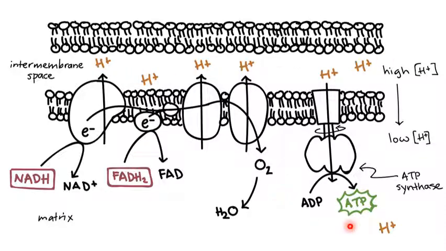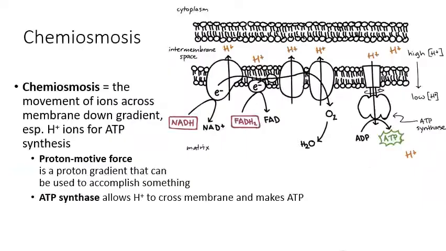Then in the second part of oxidative phosphorylation, which is chemiosmosis, we're going to use that concentration gradient for protons to finally make ATP. So chemiosmosis can be broadly defined as just ions moving across a membrane, going down their concentration gradient, but it's especially used to refer to protons moving across a membrane down their concentration gradient in order to make ATP.